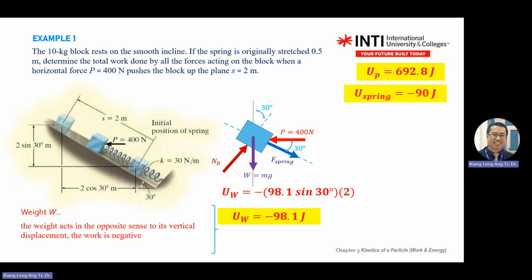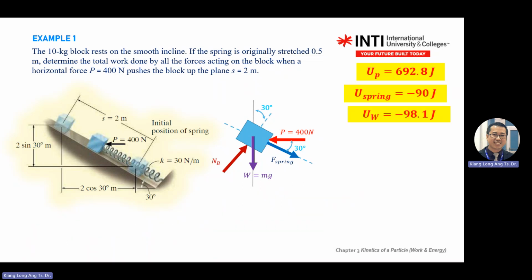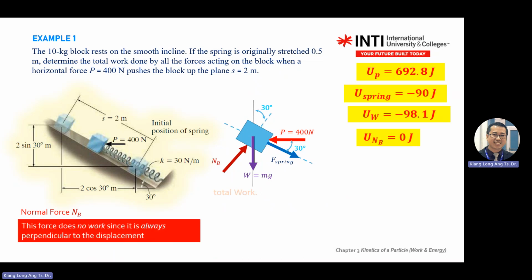Still, the idea is you need to put the force and the distance parallel to each other. The idea, work equals force dot the distance traveled. Okay. NB does not have work. So total work based on your free body diagram: P does work, spring does work, W does work, NB does not do work.